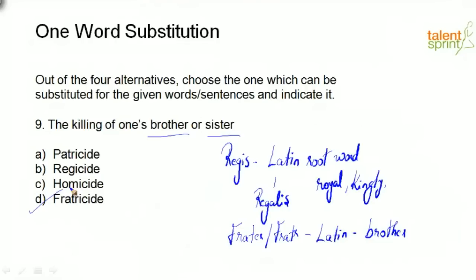We already know that these are not the right options, A and C. A, father, C, one human being to another, regicide, exclusively to a king, right? So our answer option is fratricide, the killing of one's brother or sister, fratricide. So this again is an easy one if you are familiar with the root words regi and frater.